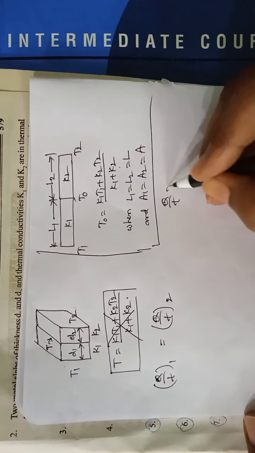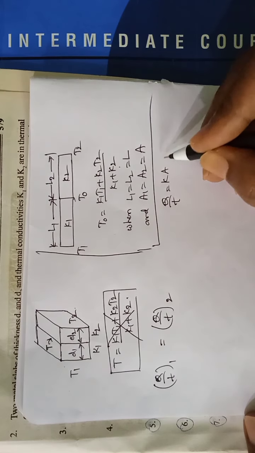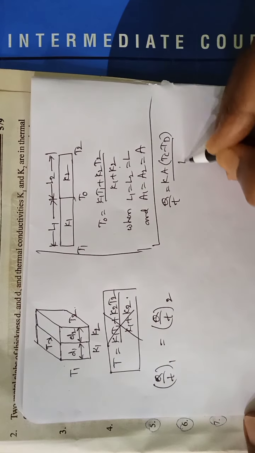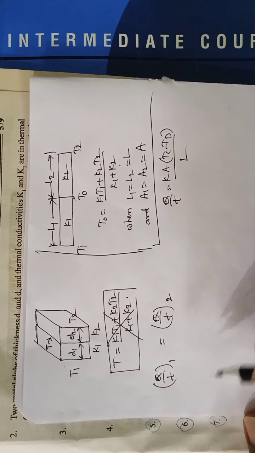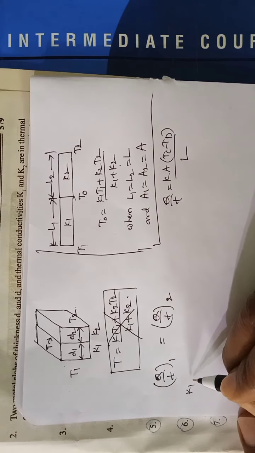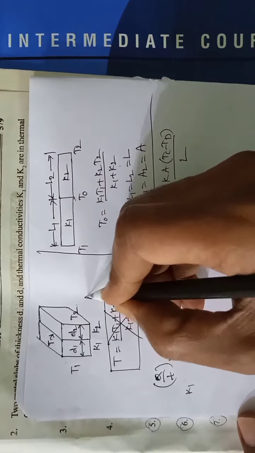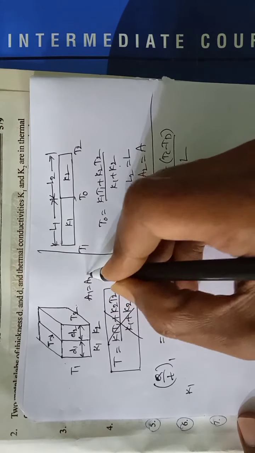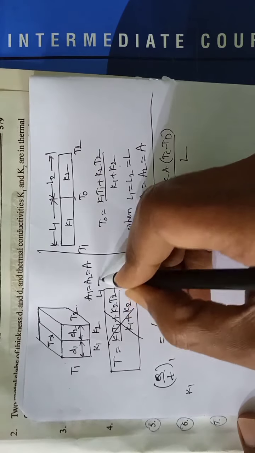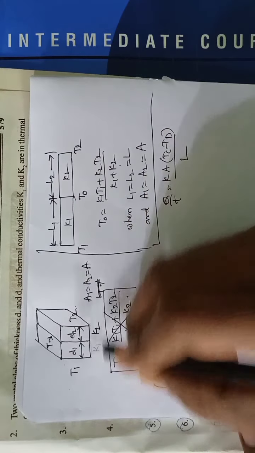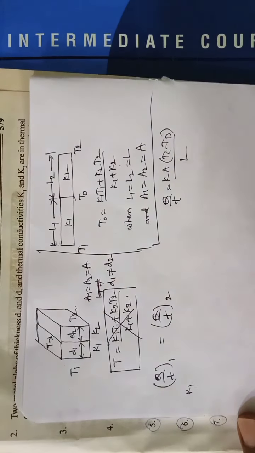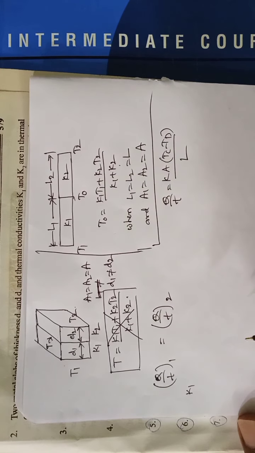Q by T is equal to Ka Tc minus Td by L. This is the formula. Now see, for first block K1, here A1 is equal to A2 is equal to A, but here L1 means D1, D1 not equal to D2.